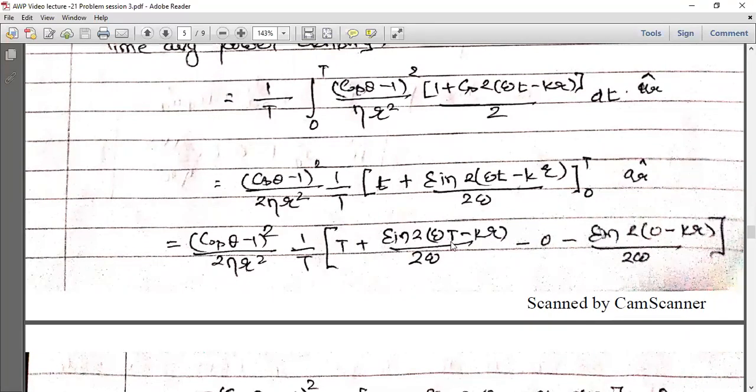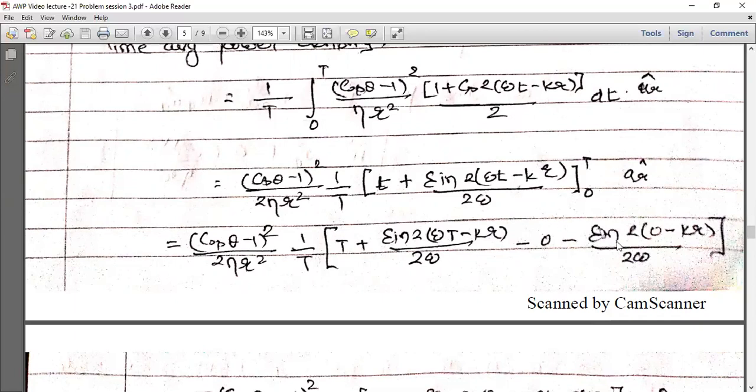T is the time period of the wave. So omega into T is equivalent to 2 pi f into T, and f into T is 1, because f is equal to 1 upon T. So what you have is 2 pi here. Equivalently, this expression is sine of 2 into 2 pi minus kr, or sine of 4 pi minus kr, and we know that sine of 4 pi minus kr is minus sine kr.